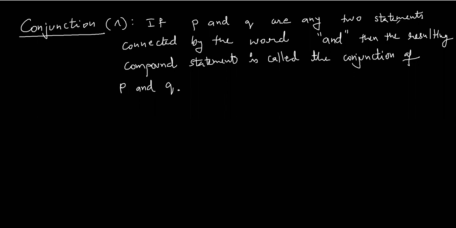If P and Q are any two statements connected by the word and, then the resulting compound statement is called the conjunction of P and Q. It is written as P and Q, or P and Q. You can write it either way.